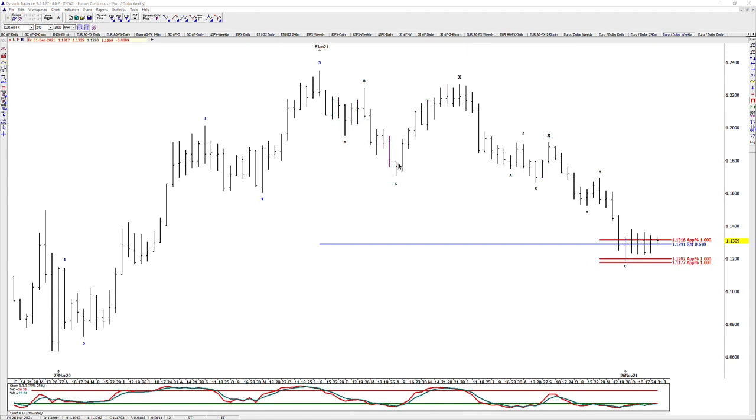I've been looking at this for weeks and even months as a probable corrective decline, but every time we get to the point of a weekly low, we just have a 2 to 3 day, 2 or 3 or 4 week correction, and then an impulsive trend continues down, except for this period of time.